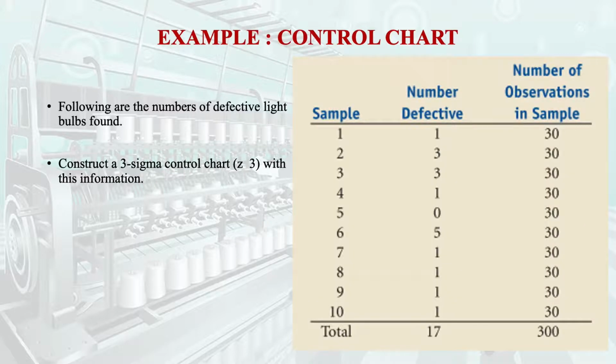This table will provide you the different samples, the number of defectives in each lot, and the number of observations, that is, 30 is the sample size. Now our job is to construct a 3 sigma control chart, that is, Z is equal to 3, for this information.